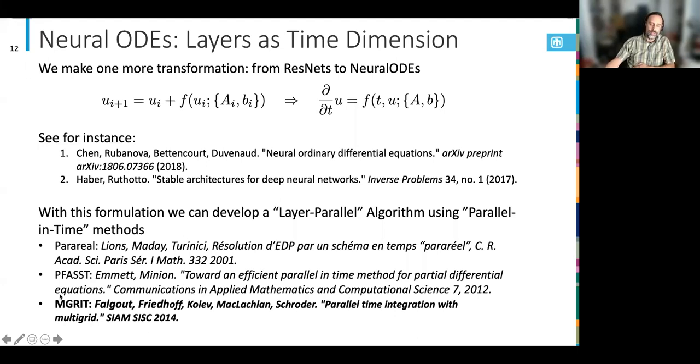And then a very similar algorithm is this multigrid in time approach developed at Lawrence Livermore. And this is the approach that we'll be taking in this talk. All of these algorithms do the same type of thing, where they decompose the problem into a coarse evolution and then fine corrections, okay?